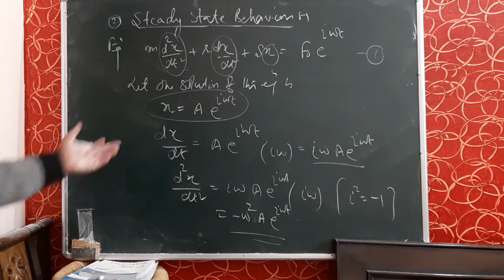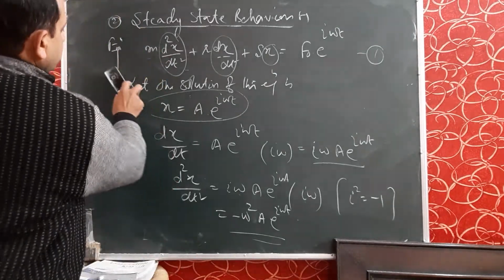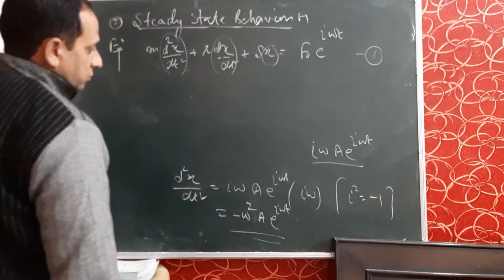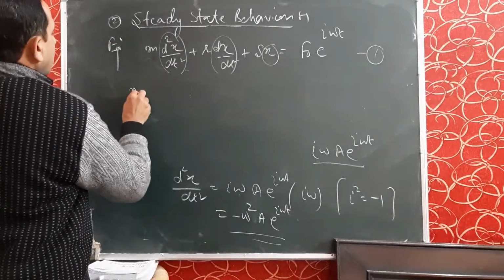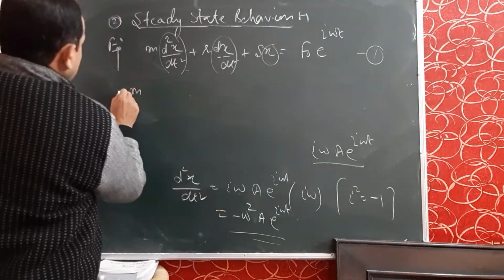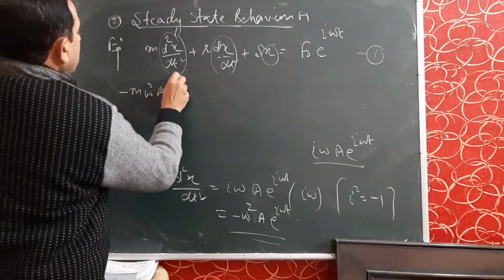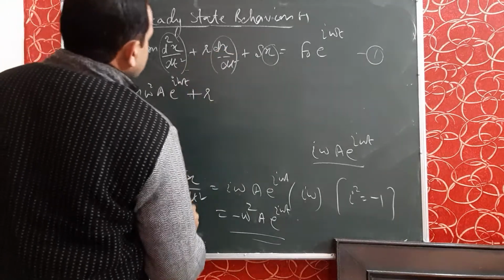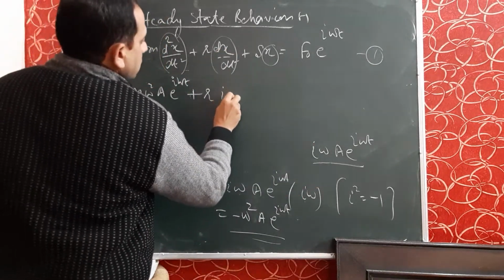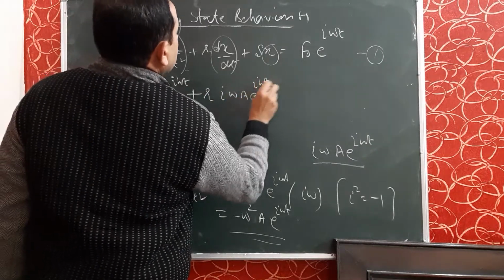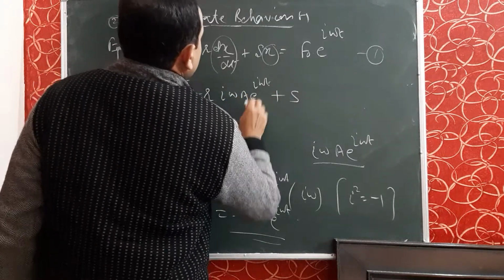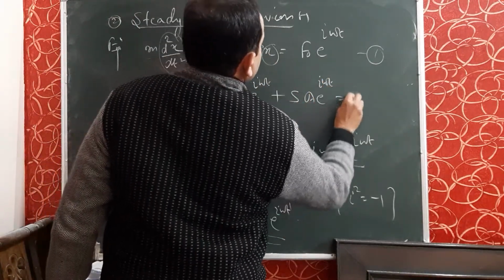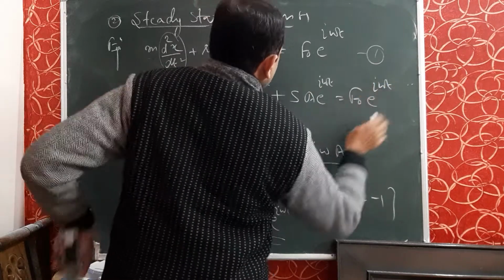Now, put all these values in the first equation. Putting these values in this equation, we get m into the second derivative, that is minus omega square a e power iota omega t, plus r dx by dt, that is iota omega a e power iota omega t, plus s into x, that is a e power iota omega t, is equal to f naught e power iota omega t.